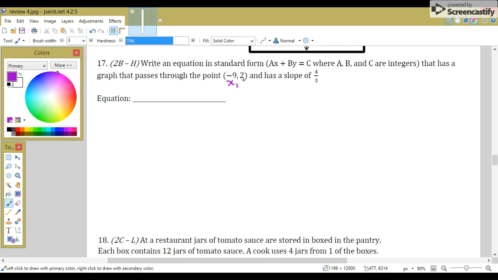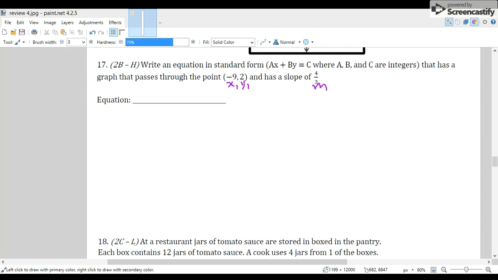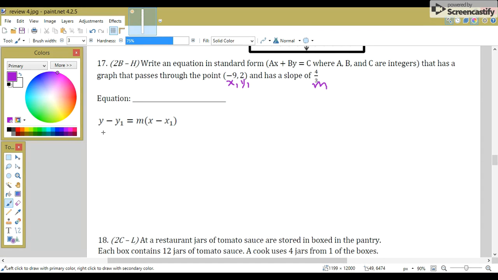So we're going to label everything x1, y1. This is your m. Let's recall the formula for point-slope. So we have y minus y1, which is 2, equals 4/3 parentheses x minus -9. So we have x plus 9.